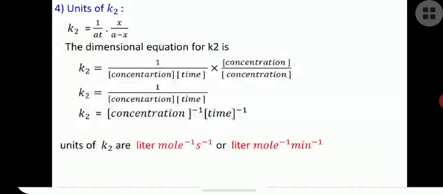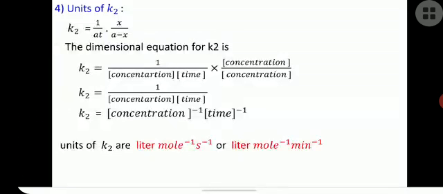Now the unit of k2. k2 is equal to 1 upon at into x divided by a minus x. The dimensional equation for k2 is equal to 1 divided by concentration into time into concentration upon concentration. The ratio of concentration terms gets cancelled.